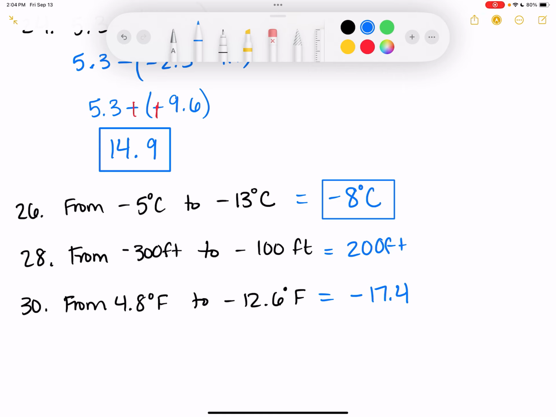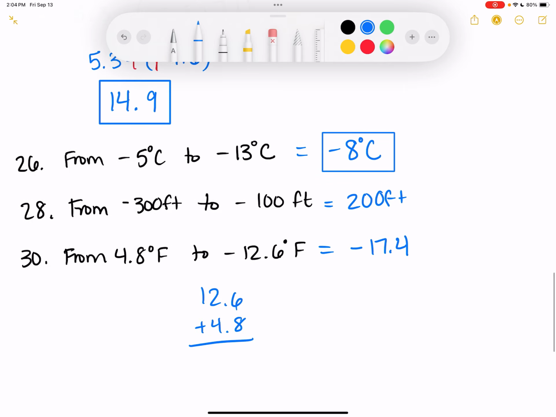Okay, so we subtracted in both cases, so those numbers get added together. So 12.6 plus 4.8 is 17.4. All right.